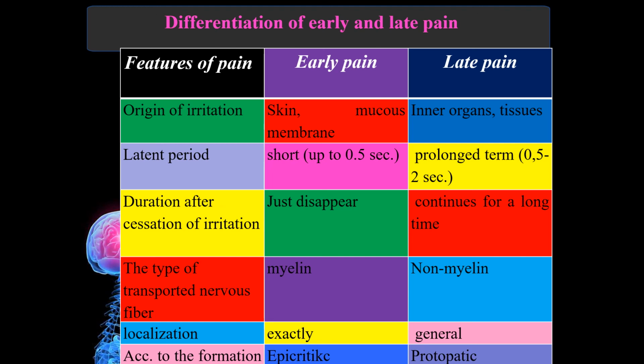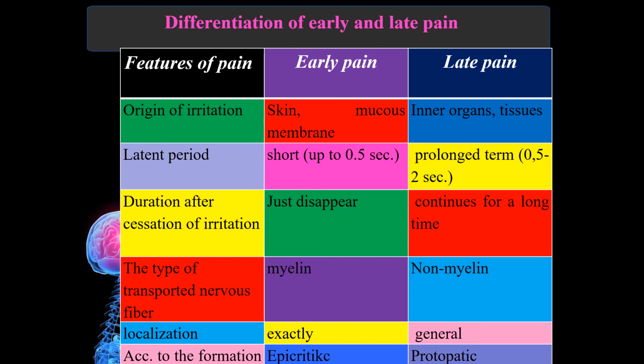For example, neuralgia. Neuralgia is a pain syndrome that occurs in impaired peripheral nerve function. For example, trigeminal neuralgia is manifested by acute pain. Causalgia is severe pain arising from damage to large somatic nerves, and it's accompanied by severe sweating and some vasomotor changes.